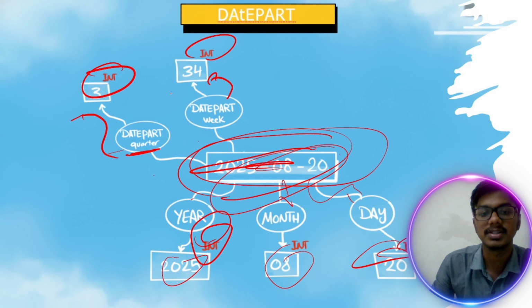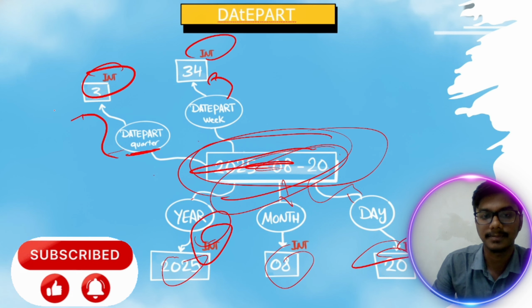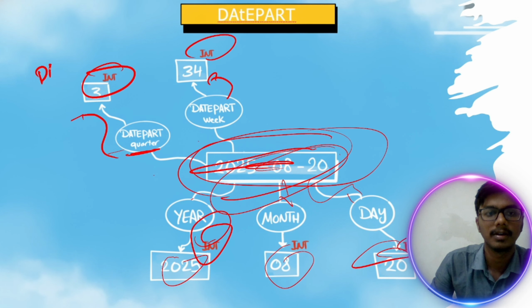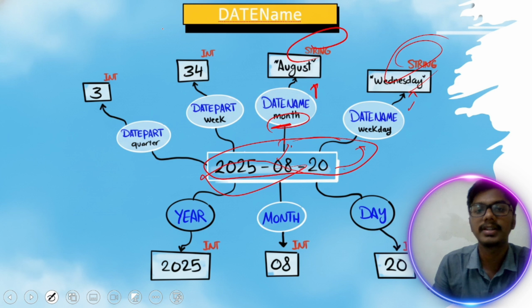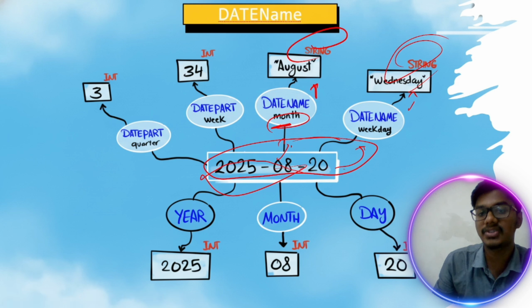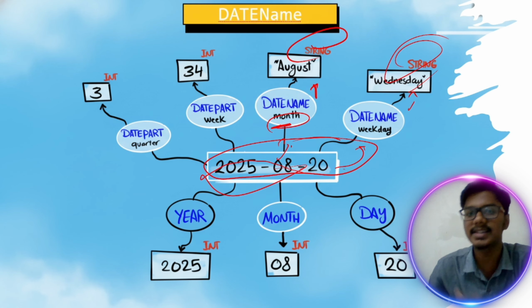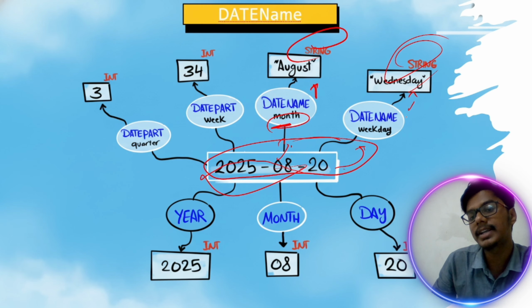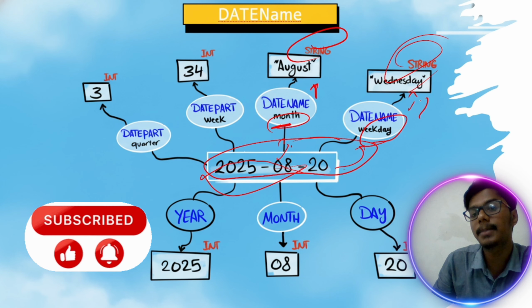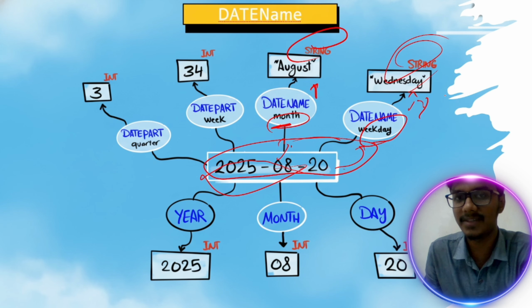In the DATEPART function, we get an integer. In the DATENAME function, we get a string. We consider this a string, right? August is a word, a group of letters, so we consider the output as the string data type. If we give the DATENAME function along with the weekday, it is considered a string, and we get the output as Wednesday.